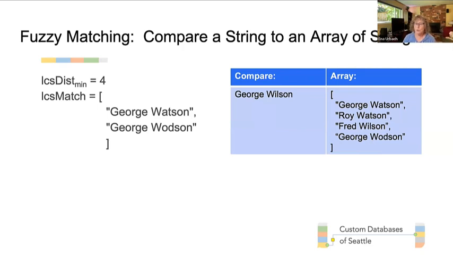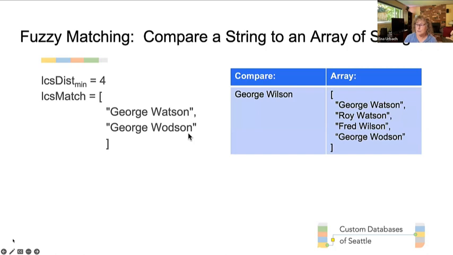And I want to calculate the LCS dist between each member of this array and the comparison string, determine what the minimum LCS dist is for this comparison string and the array, and then make a list of what members of the array are at that minimal distance.